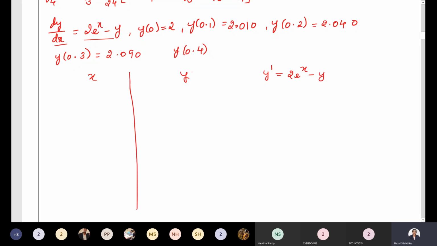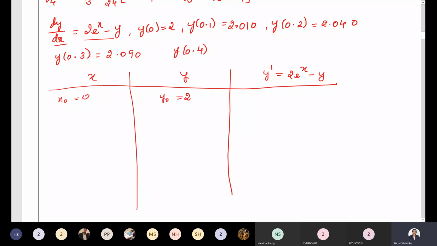Now list out the values. What value of x is given? First, y(0) equal to 2, that means x0 value is 0 and y0 value is 2. So this is y1, y2, y3, and these are x0, x1, x2 and x3.